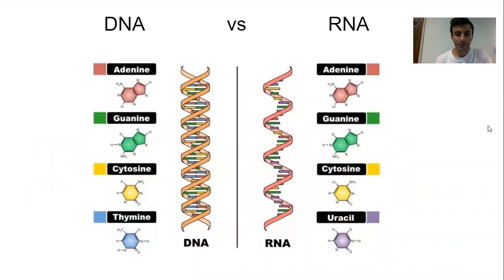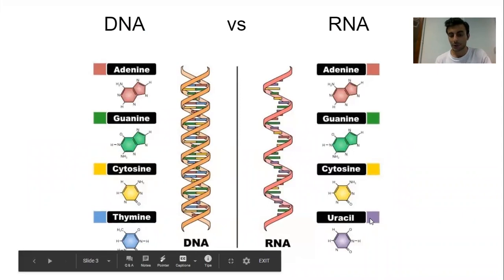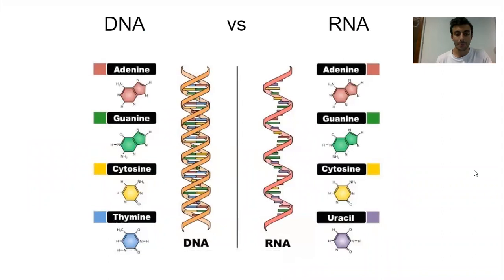Both of these molecules are made up of their own nucleotides, and next to them are mentioned their specific nucleotide bases, 3 of which are common to both, but 1 is specific to each. For example, thymine is specific to DNA, whereas uracil is specific to RNA.